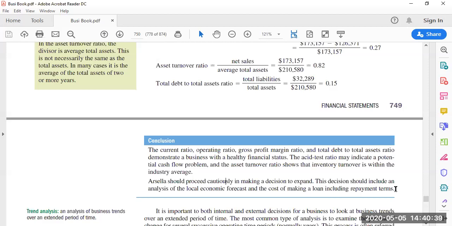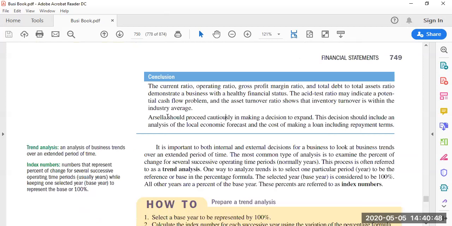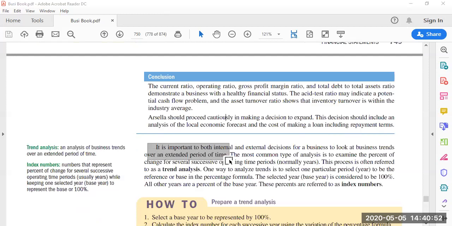What you can see is that it's important for both internal and external decisions for a business to look at the business trends over an extended period of time. So, because of that, we introduced what is called a trend analysis.